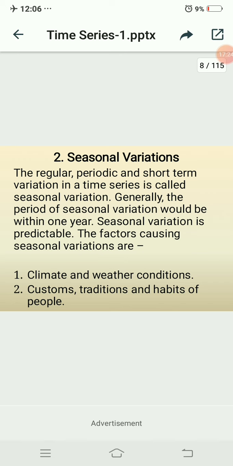Because of the habit of people, people purchase more dairy milk chocolate, so the rate increases. And according to traditions, the cloth rate automatically increases.